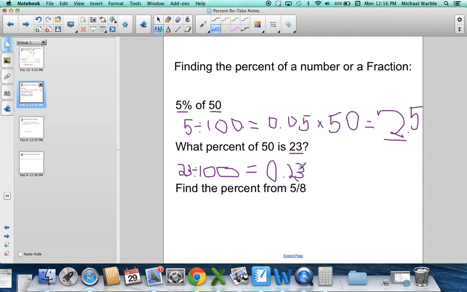And then we have to look and see what we multiply this by. So I'm looking at my whole, and my whole is going to be 50, so I'm going to multiply 0.23 by 50, and I'm going to get my percentage.